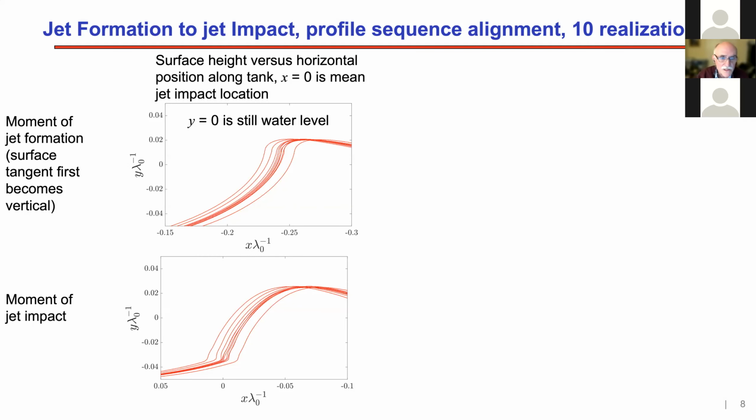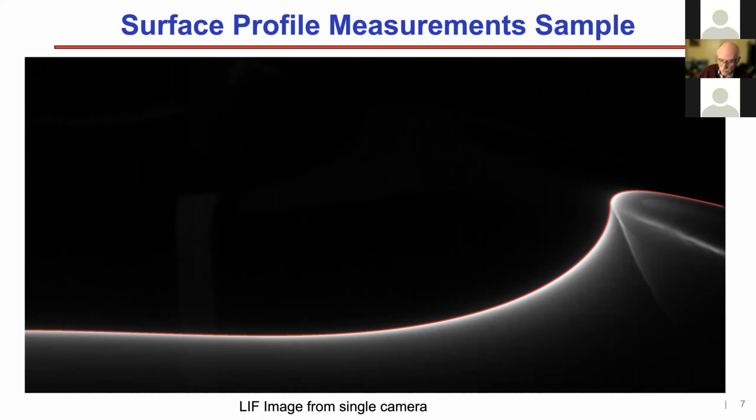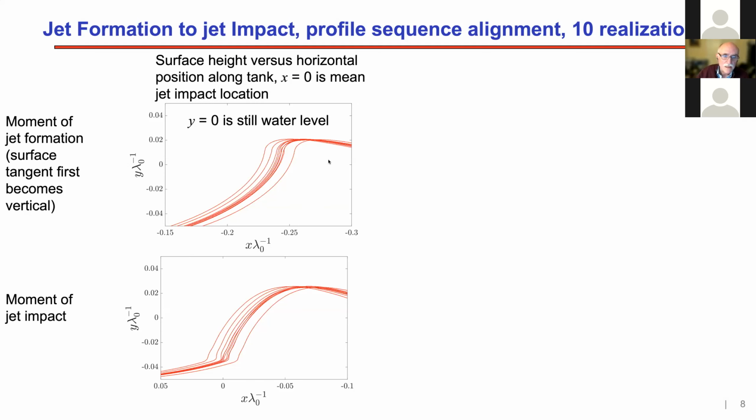So this is one of the results. This is just the crest region, showing the profile of the crest between the times when the jet starts to form and the later time when the jet impacts the water surface. The top one is what we call the moment of jet formation.